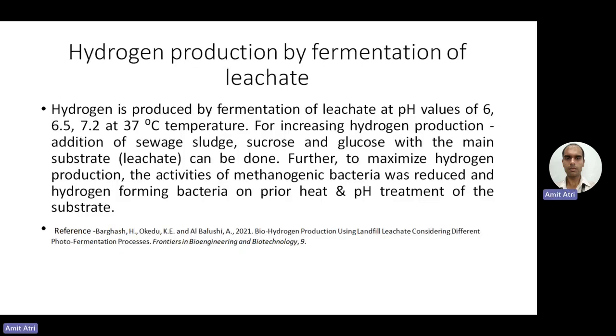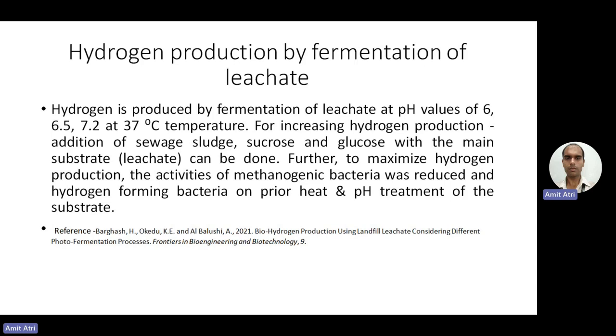Next technique. Now the reference is from the research paper of Vargas et al. in the year 2021. The technique of fermentation is used on leachate and correspondingly hydrogen is produced. The pH value is maintained at 6, then 6.5, then 7.2, and temperature at 37 degrees Celsius.